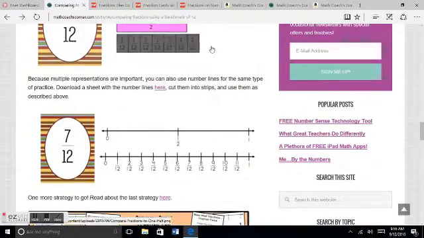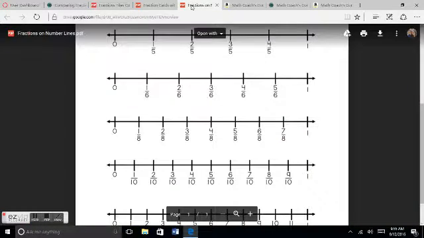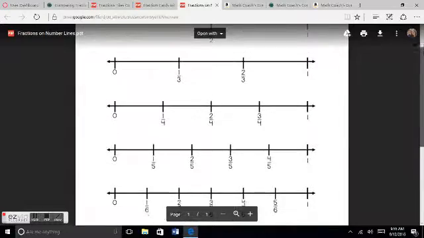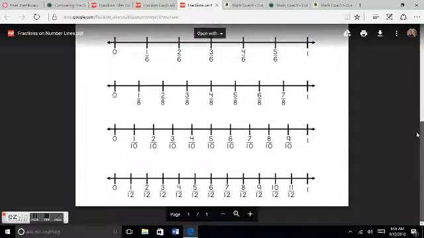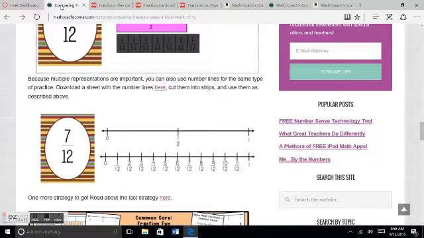There's also number lines that you can incorporate into the activity. They're printable as well. This might be something else that you want to laminate and use for a different activity. What I really like about this blog post is that it has all of the materials right there, easy for you to use. And that's all.